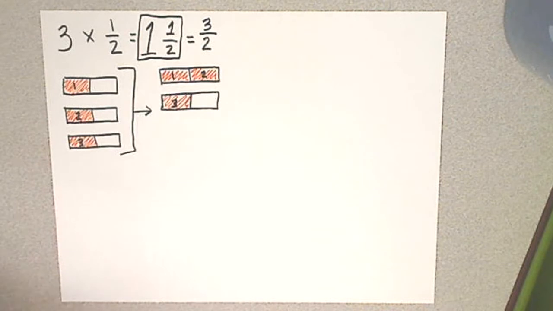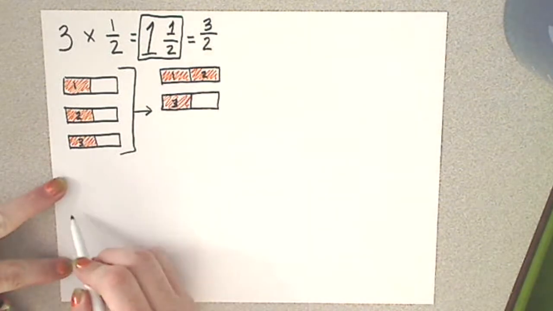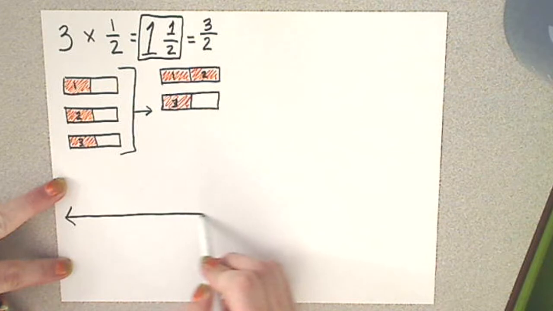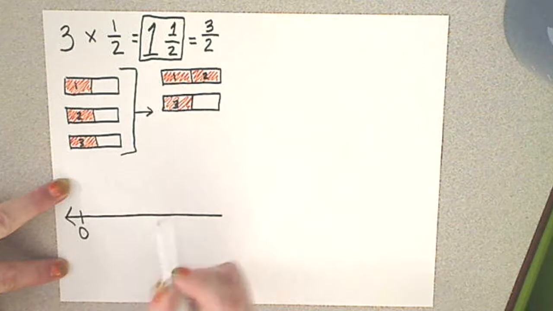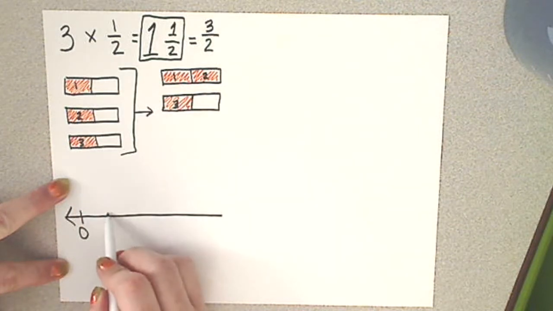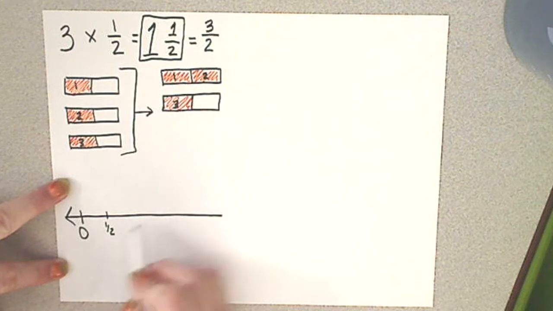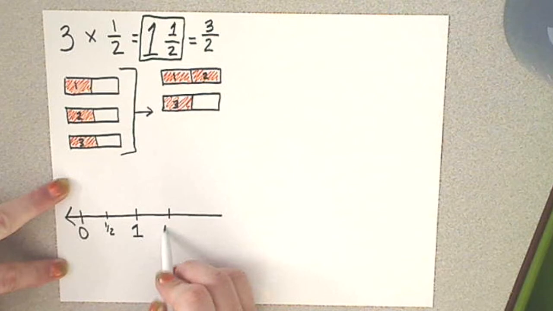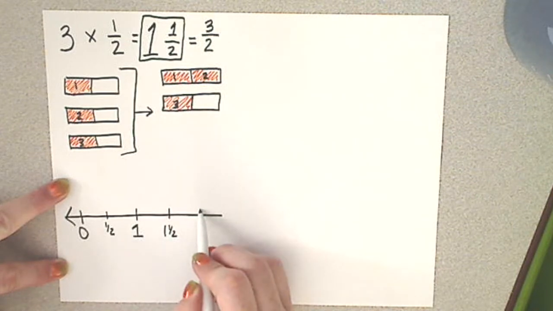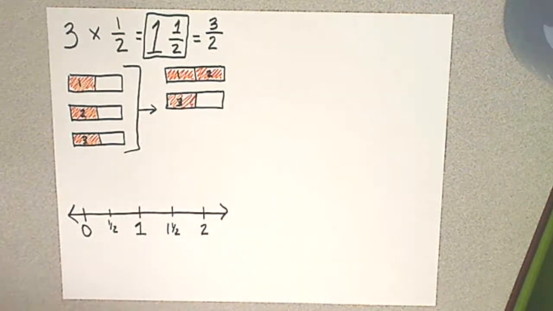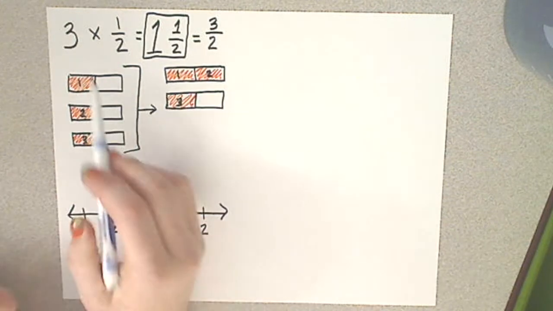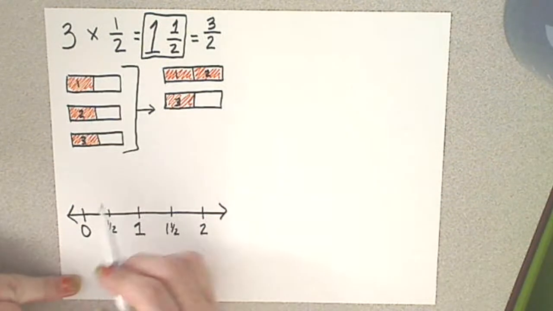Let's take a look at what this looks like on a number line. I'm going to start with 0. I'm counting by halves. So there is 1/2, and then 1, and then 1 and 1/2, and 2. Now I'm going to show 1/2 3 times.